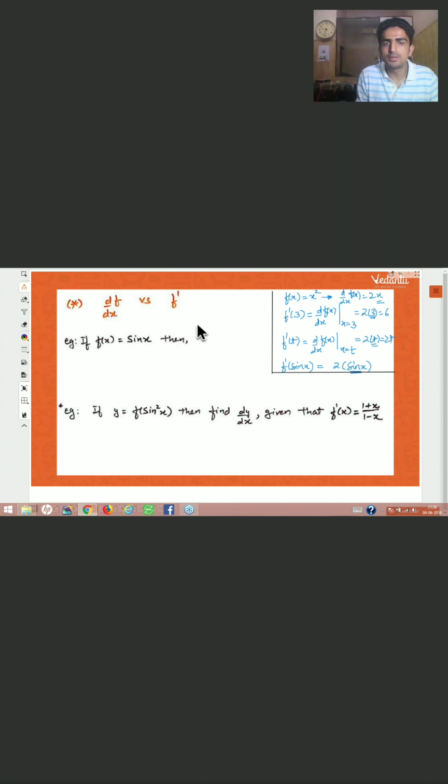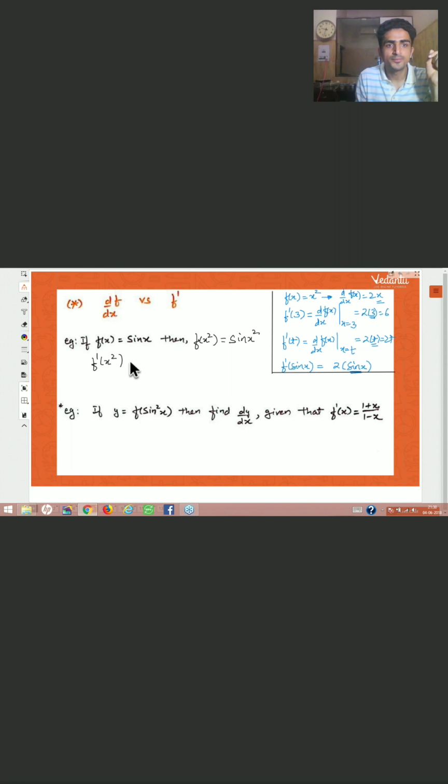Now let me come to this example. If I say f of x is sine x, then we all understand f of x square will be sine of x square. Now guys, when I ask f dash x square, what is it?